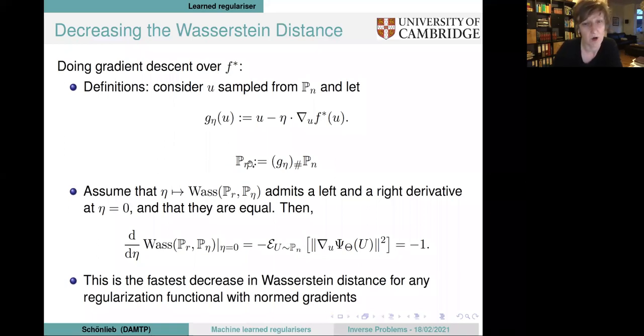What I'm hoping is that these G eta are better than the ones I started with. And they are better, at least in the sense that this step takes you closer, in terms of the Wasserstein distance, to your distribution of ground truth images. So you're going in a good direction, distribution-wise.